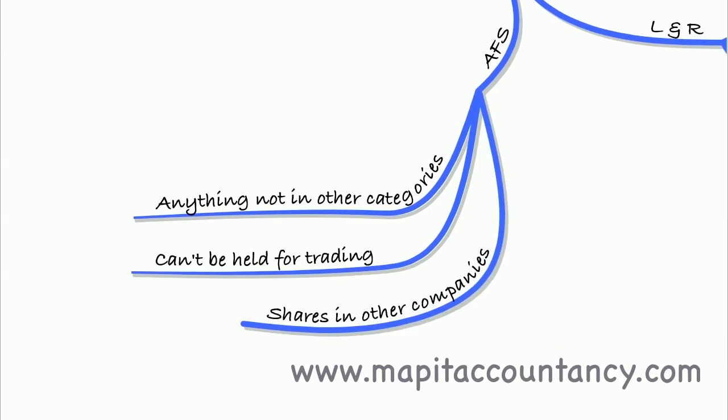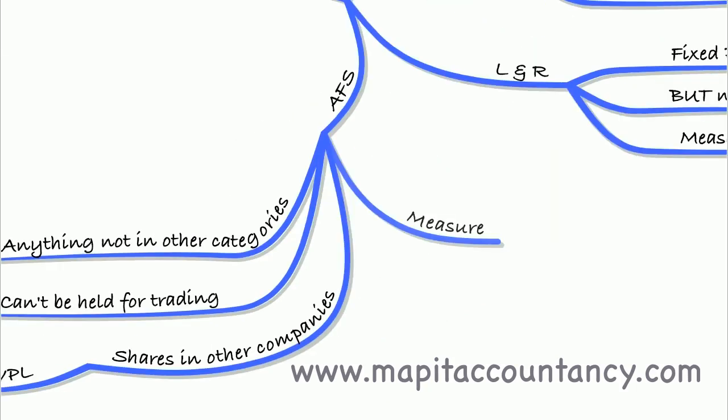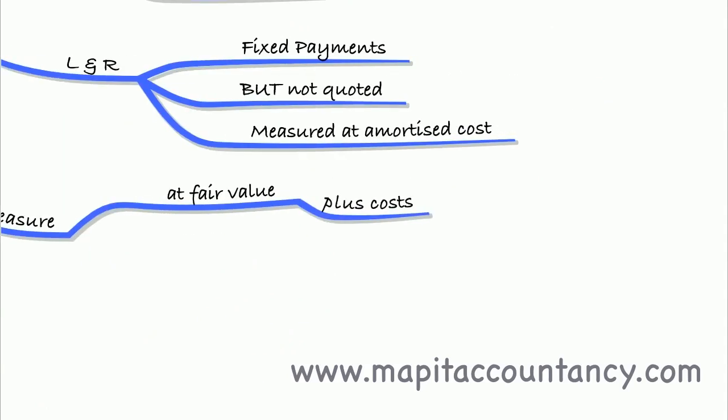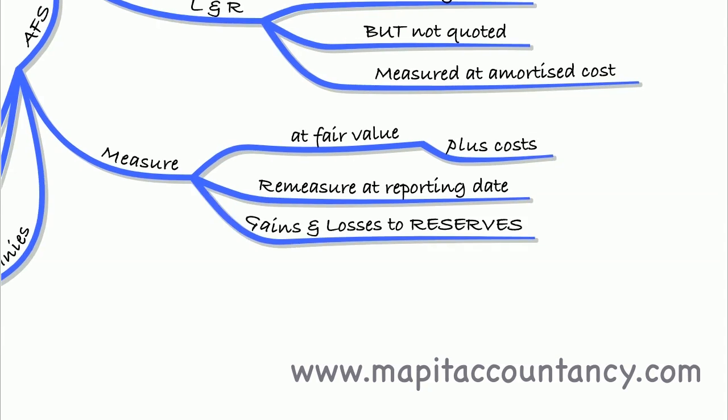So these would be things like shares in other companies that you're not holding at fair value through profit and loss. The measurement for these is that we'll measure them at fair value plus costs. We'll remeasure them at the reporting date, and the gains or losses will go to reserves, not the income statement. So remeasure to fair value at each year end with the gain or loss to reserves.